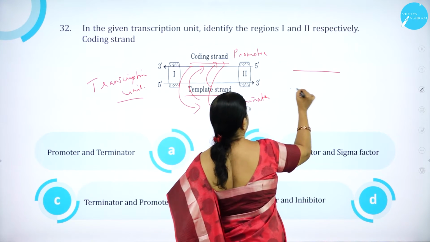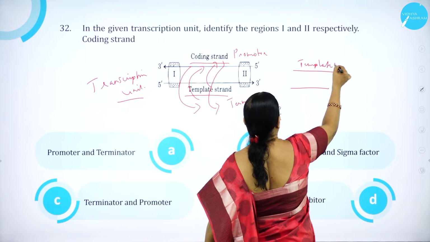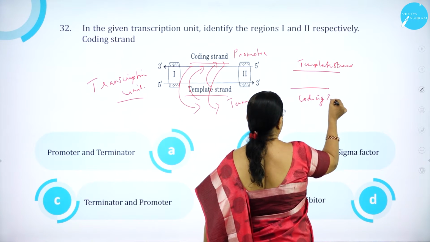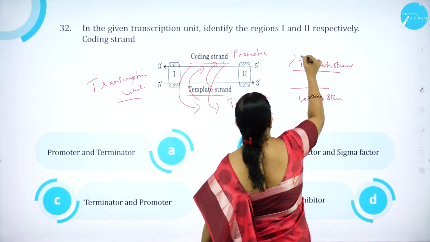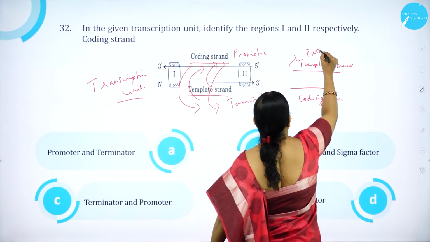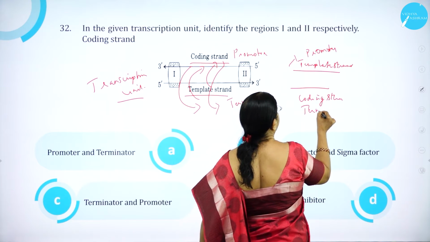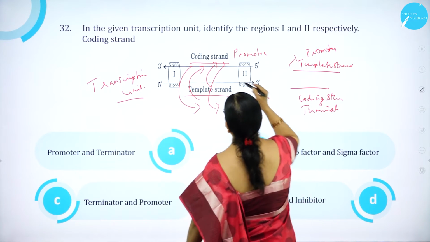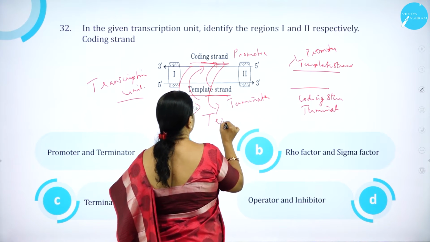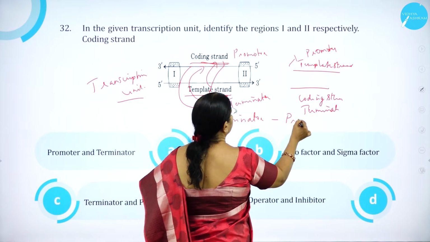If it is the template strand here, and if it is the coding strand here, then this will be the promoter and this will be the terminator. But here it is the coding strand, so this will be the terminator and that will be the promoter.